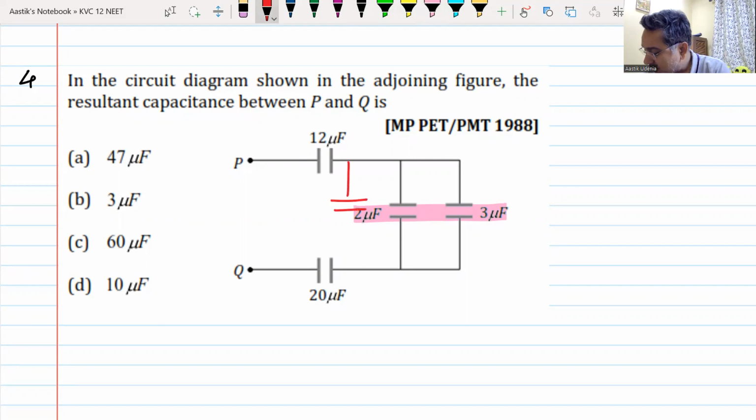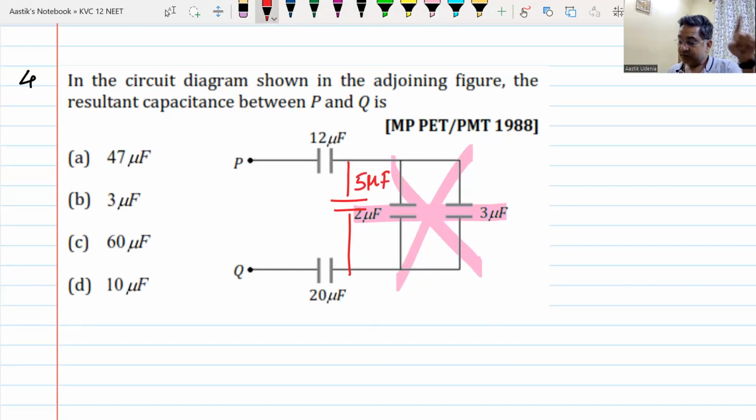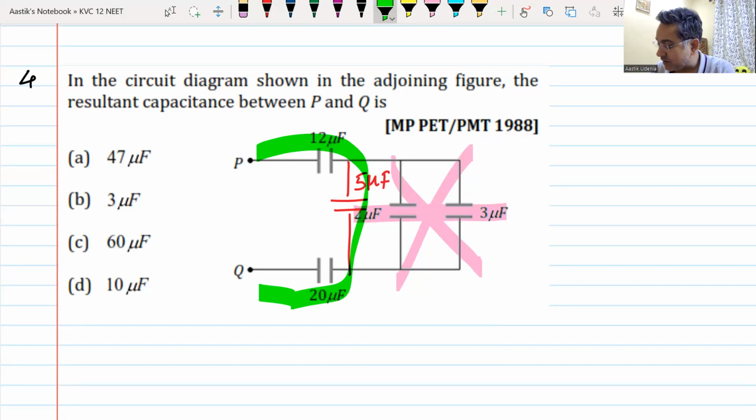So now you can remove this entire thing and just add a capacitor equal to 5 microfarad. 2 plus 3 is 5. Then you can see this 12, this 5 and this 20.